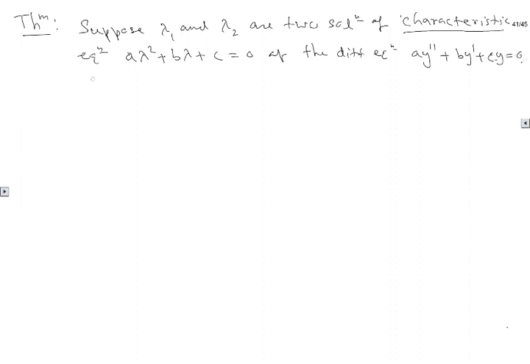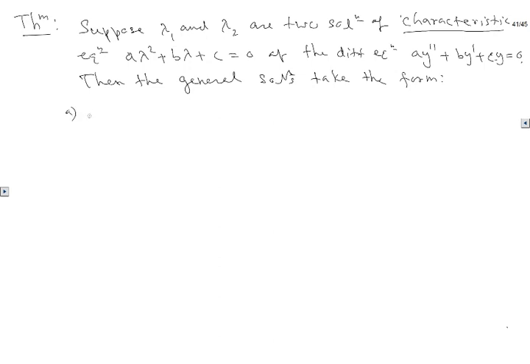Then the general solution takes the form. There are a lot of solutions, so let's go one by one.